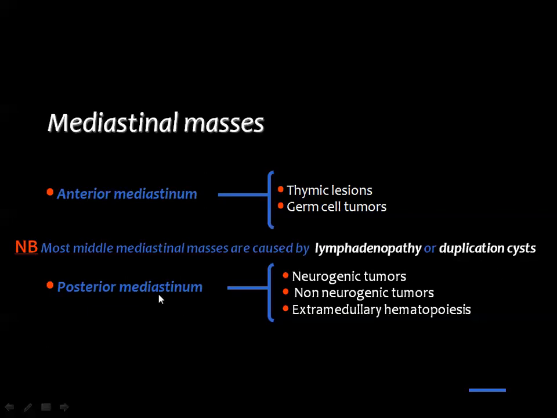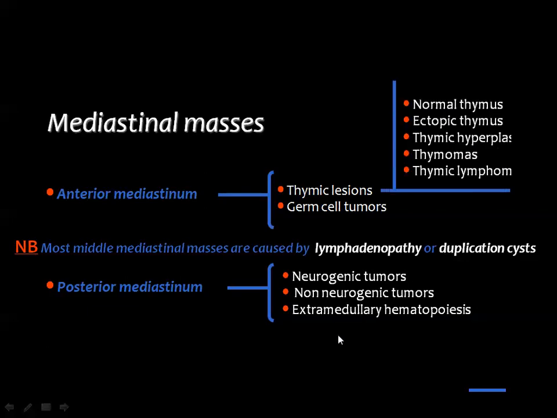Then the posterior mediastinum, you get neurogenic tumors, non-neurogenic tumors, and extramedullary hematopoiesis. And you know that each mediastinum, the anterior, middle, and posterior, should have cyst, hernia, and lymph nodes.